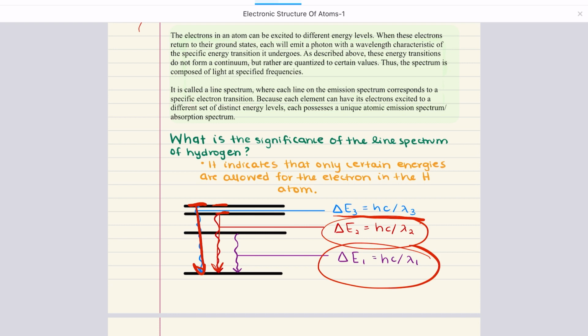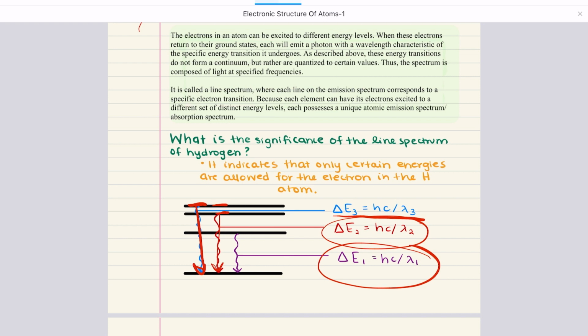In short, the discrete line spectrum of hydrogen shows that only certain energies are possible. That is, the electron energy levels are quantized. Now, in contrast, if any energy level were allowed, then that emission spectrum would just be continuous. But it's not, and it further confirms that energy is quantized.